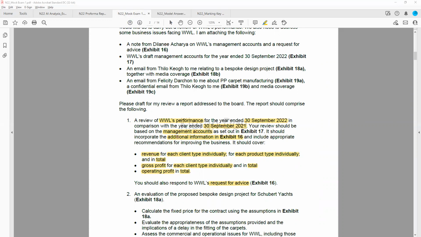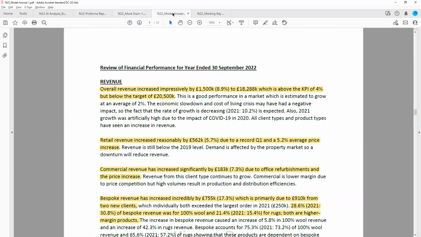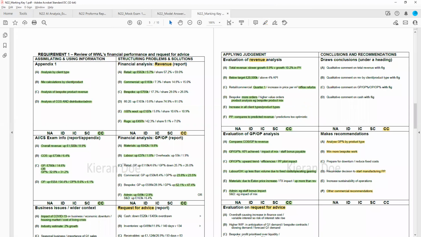We'll be seeing plenty more requirement 1s in the later mock exam debrief videos, and you have plenty more time to practice requirement 1s in the other mock exams to work on those areas where you need improvement. But hopefully by having gone through my model answer and the marking key, but particularly my model answer, you can see exactly where you did well, but also where you didn't do as well, and where you need to improve, and how you're going to be able to do that going forward, so you can produce an answer more similar to this, and therefore ensure that you get a good pass and ideally a clearly competent in every box for requirement 1, but that's not essential and not something you should sacrifice time for.